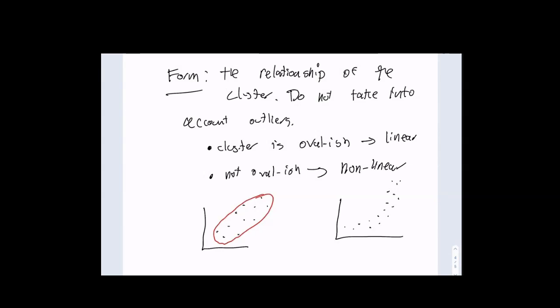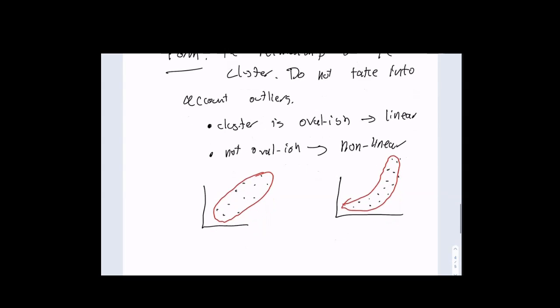Circularish, right? Circular is oval. But in this one over here, you see how there's that curve to it? More like a pickle, or however you want to describe it. It has that curve. It's not just a straight oval. This is what we refer to as linear, and this would be nonlinear.